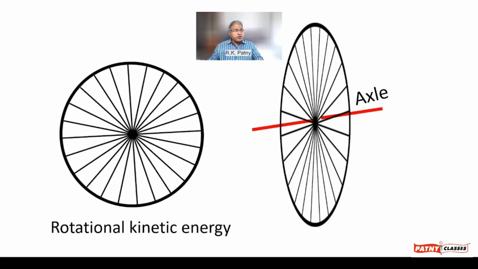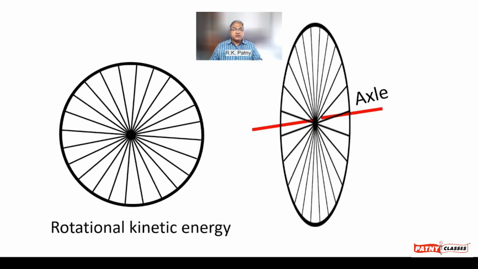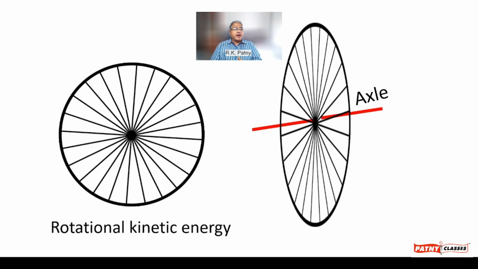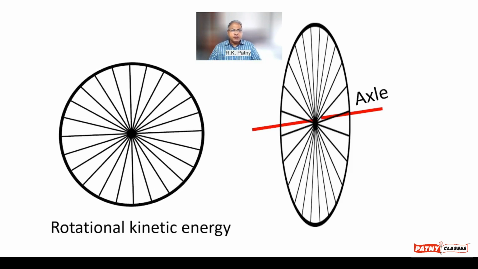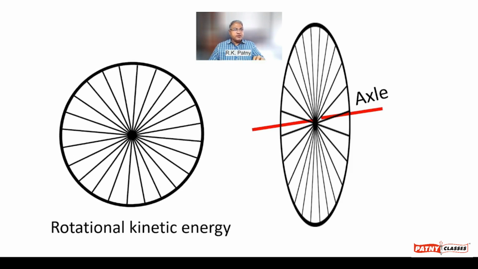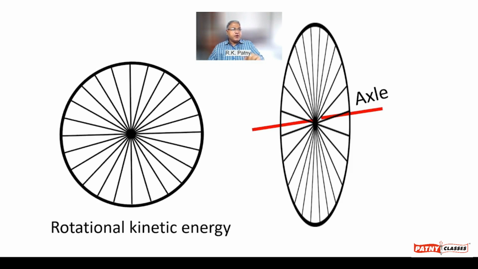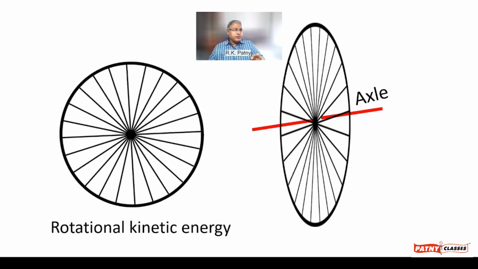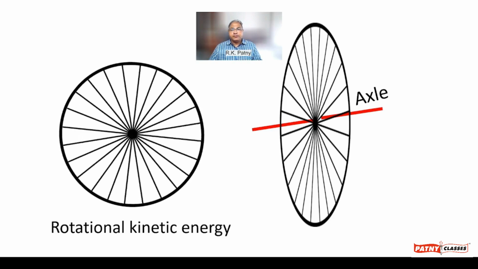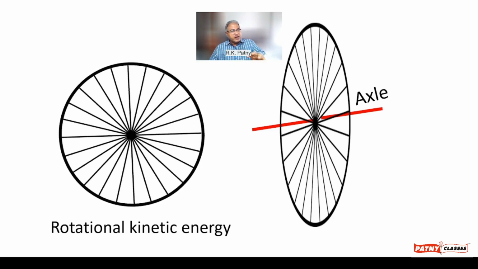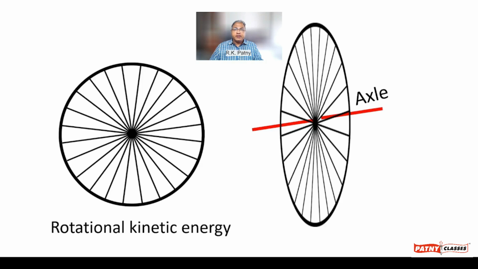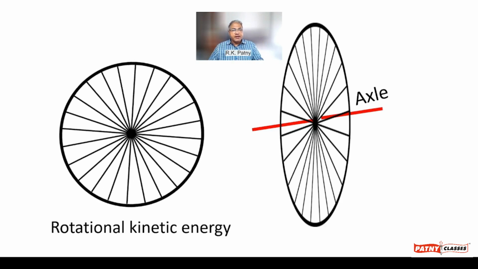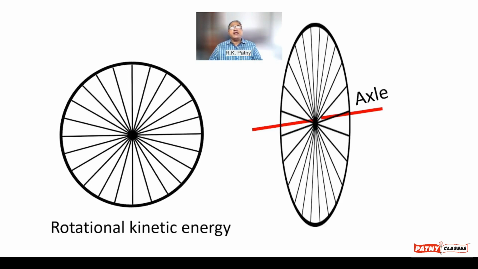When we were talking about the bicycle wheels, the bicycle wheel performs rolling motion. But if you see the other side of the coin, you will find that the bicycle wheel performs rotational motion. So the bicycle wheel is an example of rolling motion as well as an example of rotational motion. Any body having rotational motion has rotational kinetic energy.